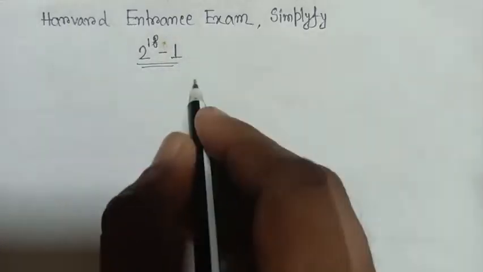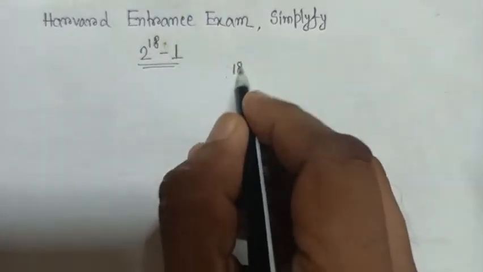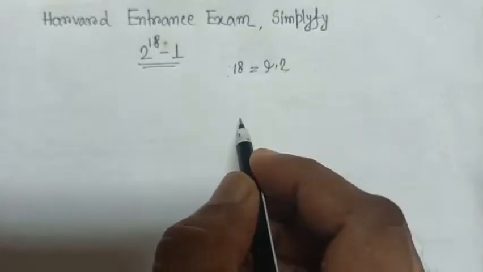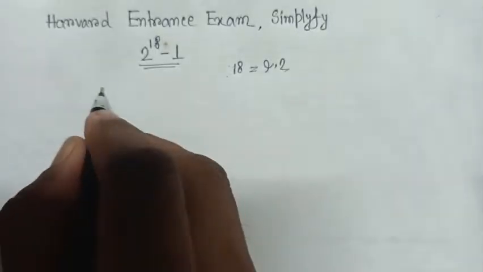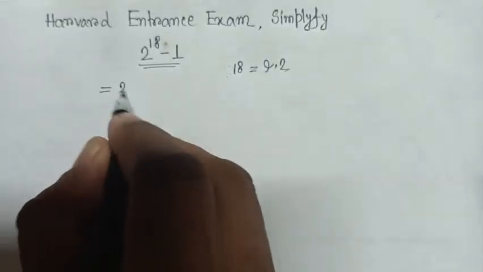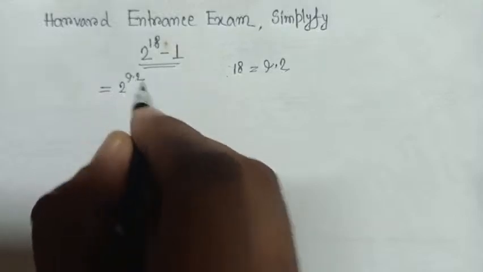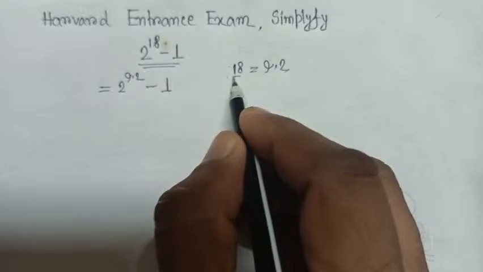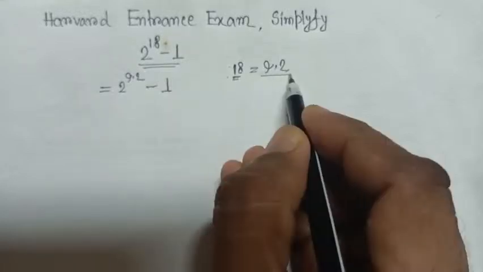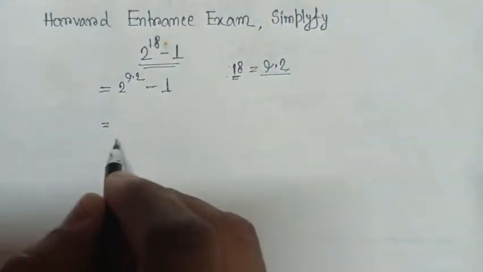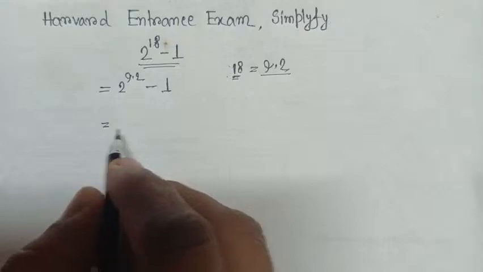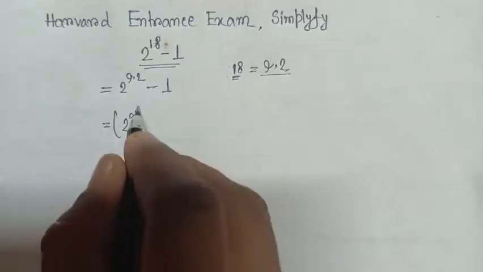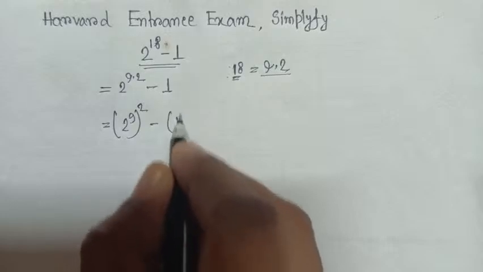So we can express that 18 as 9 times 2. So we can write this as 2 to the power 9 times 2 minus 1. Now we can write 2 to the power 9 square minus 1 square.